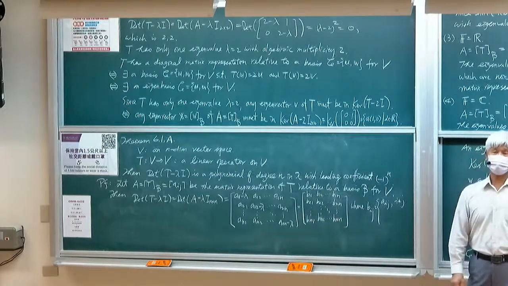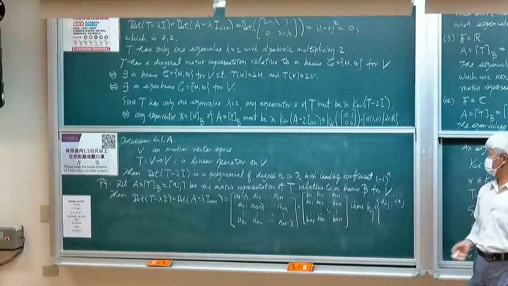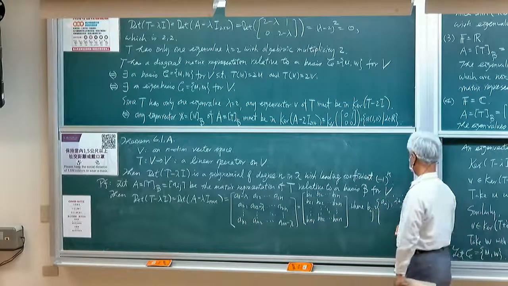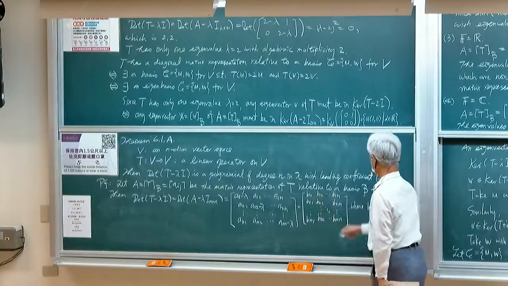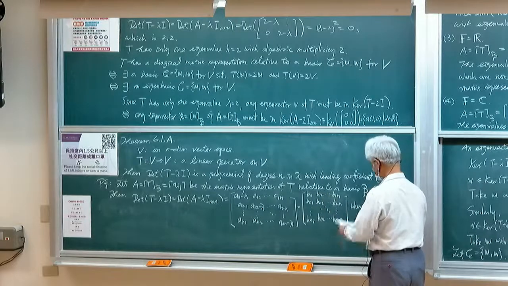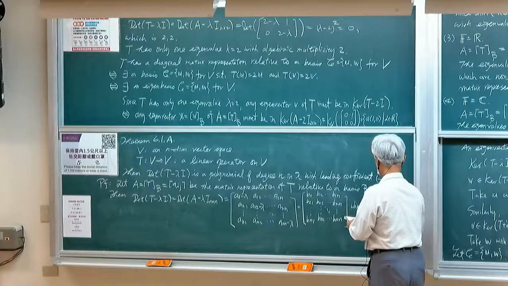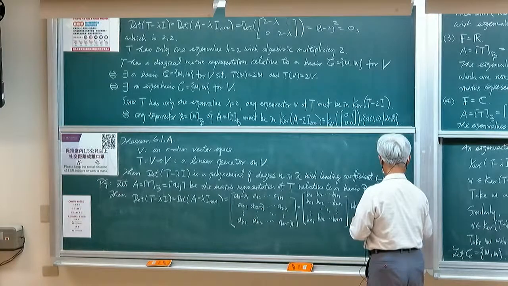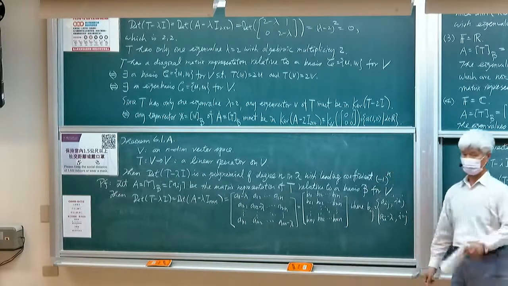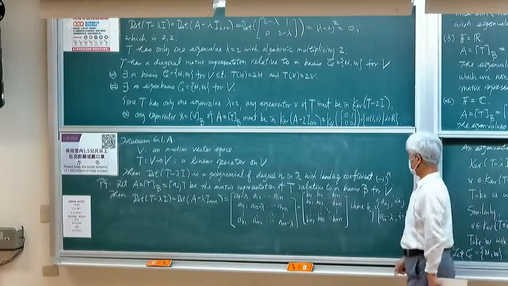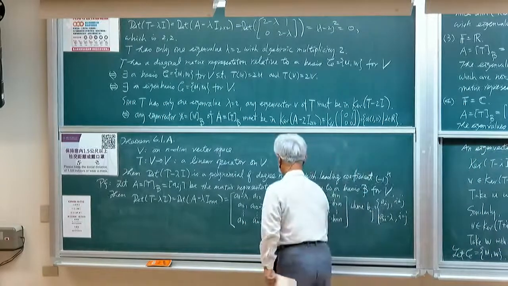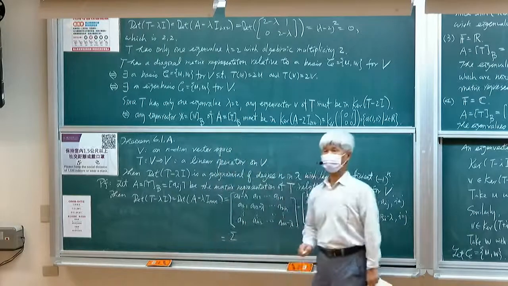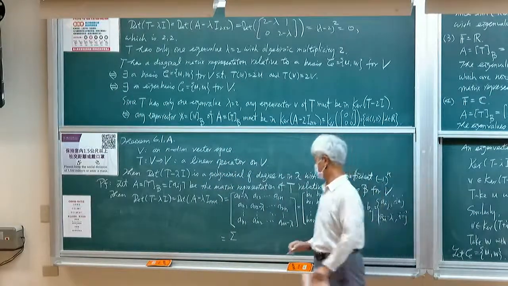So if the entries are off the diagonal, then Bij is equal to Aij. But on the diagonal, Bii is equal to Aii minus lambda when i equals j. Now we can use the expansion formula we developed in chapter 4.